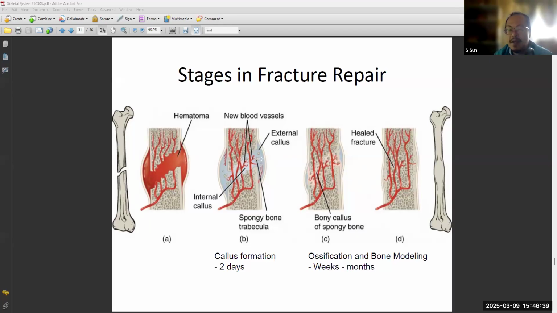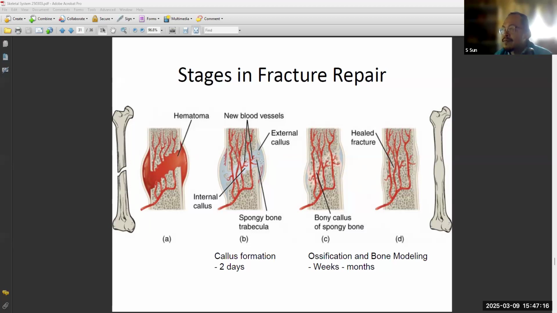allow the chondrocytes to form the template model. These chondrocytes come in and secrete the cartilage matrix, which temporarily connects the two bones while presenting a template for osteoblasts to come over and harden this tissue.